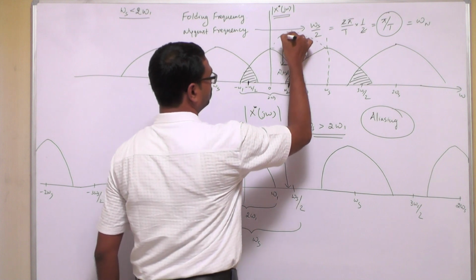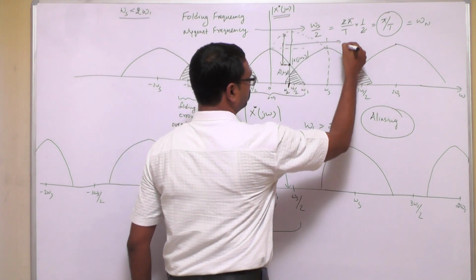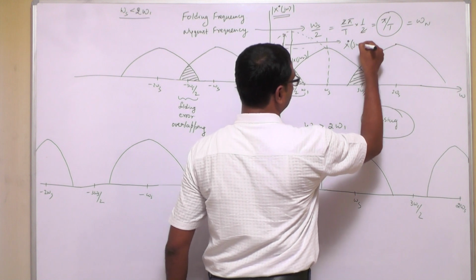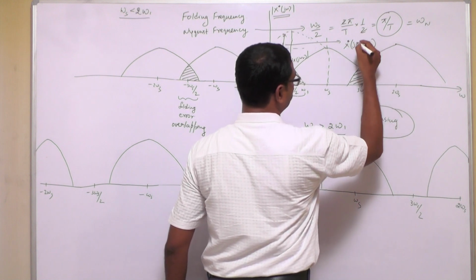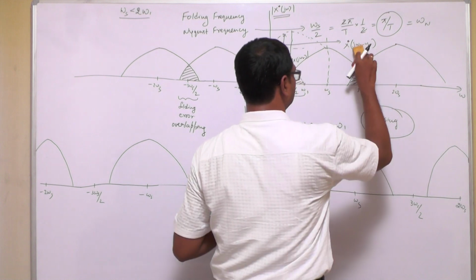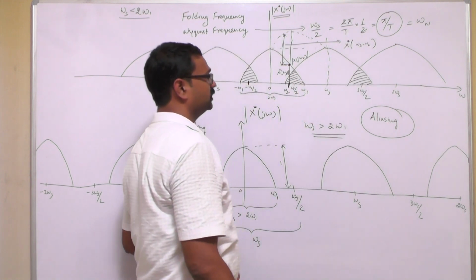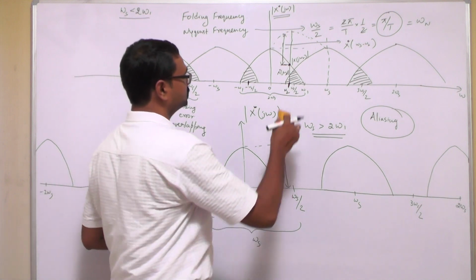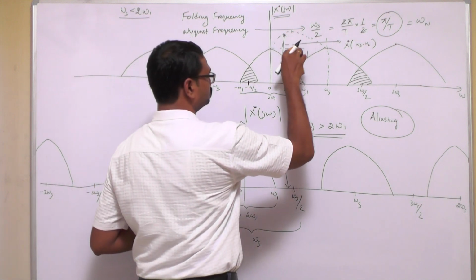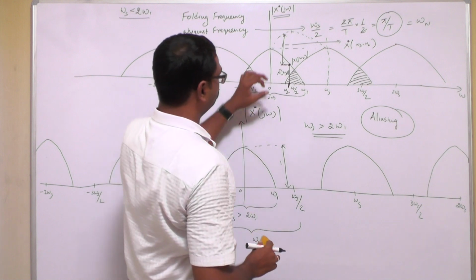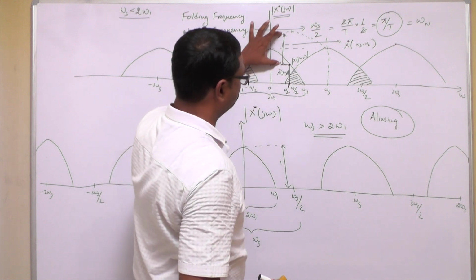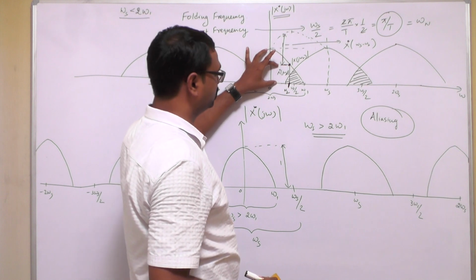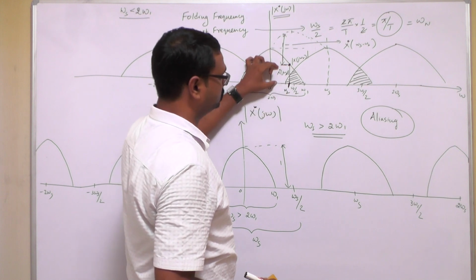This is called X star of j omega s minus j omega 2. So you have two frequency spectra existing here. This is one component of the frequency spectra at omega 2, and this is the other component.